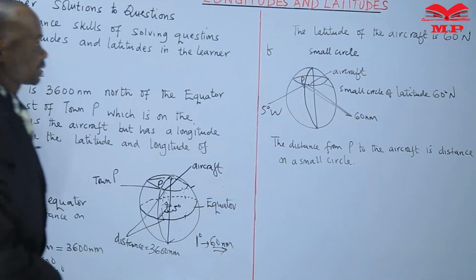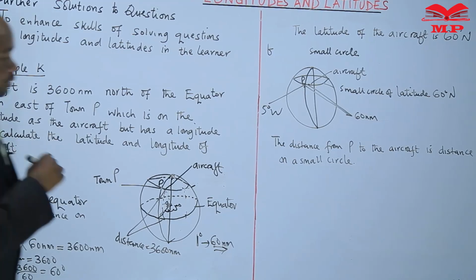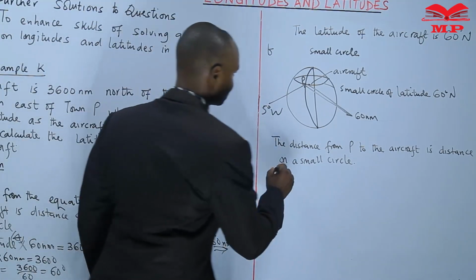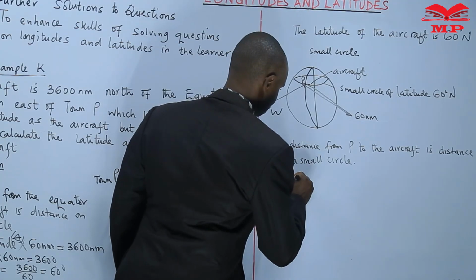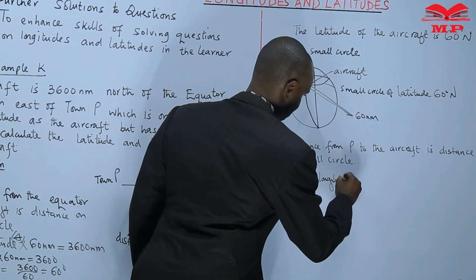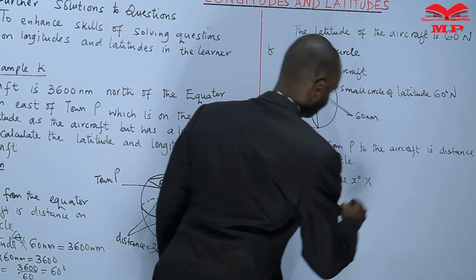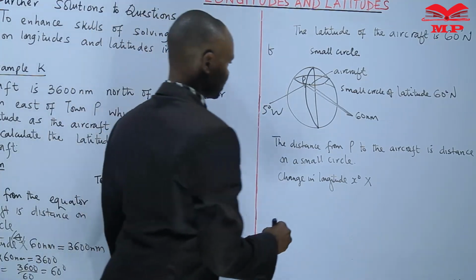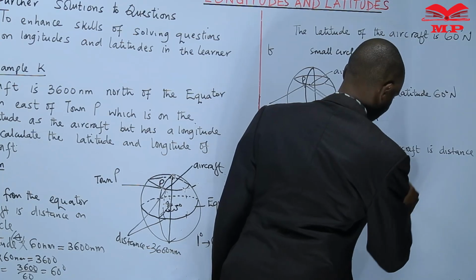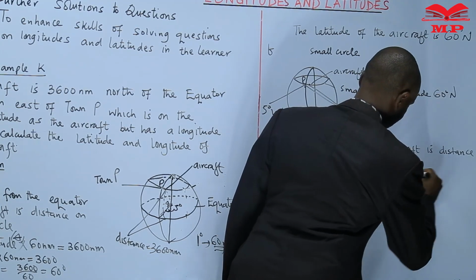Given this 60, you'll say the change in longitude, x degrees, times 60 nautical miles times cos 60 degrees.